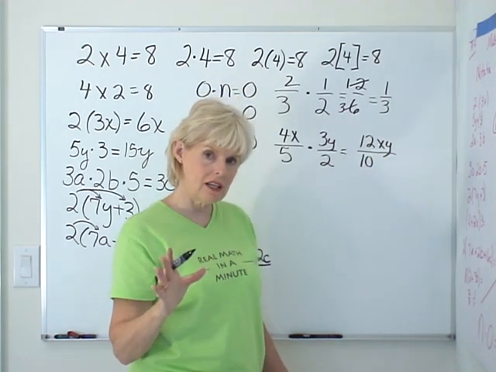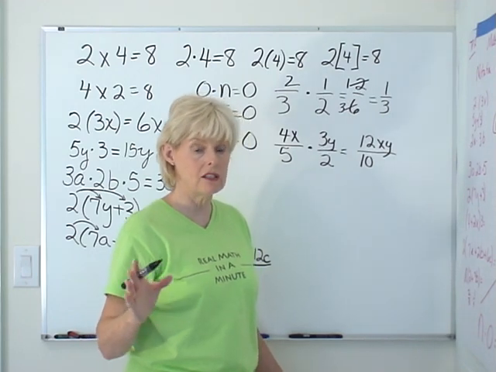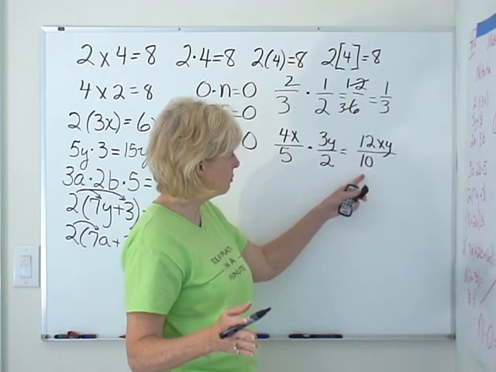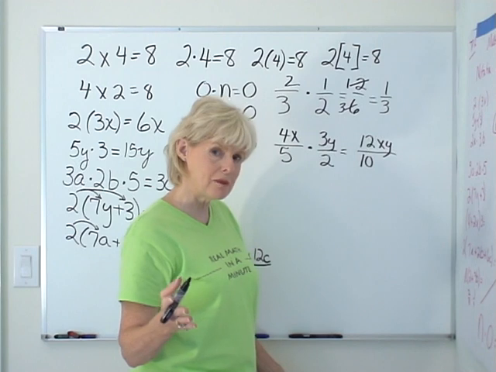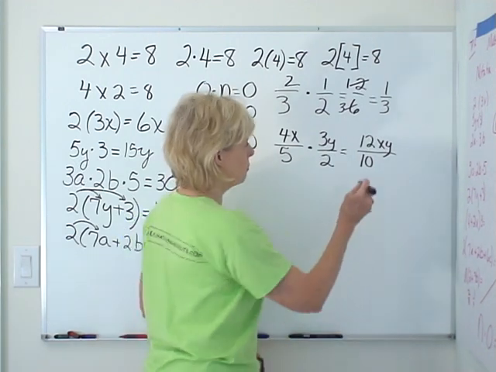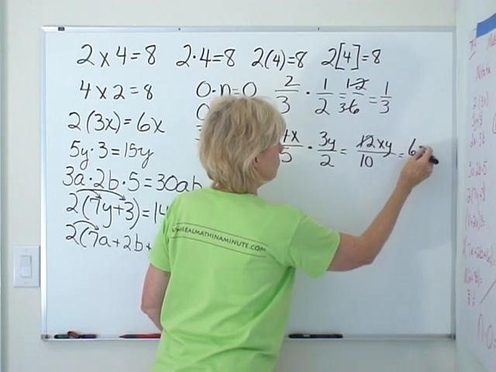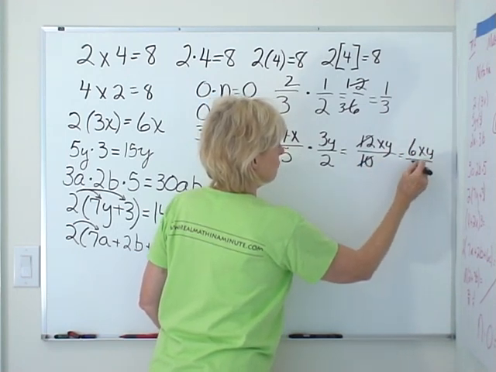And now we look at that answer and we say, is there any way that we can either reduce that or simplify that in any way? So we look at it, we see the 12 and the 10, and we're like, yes, we can simplify that by 2. Let's divide both top and bottom by 2. So we say 2 goes into 12 6 times. 2 goes into 10 5 times.